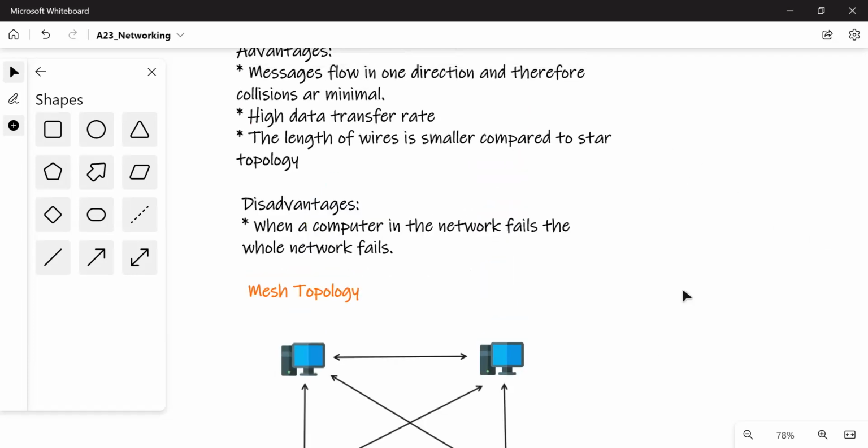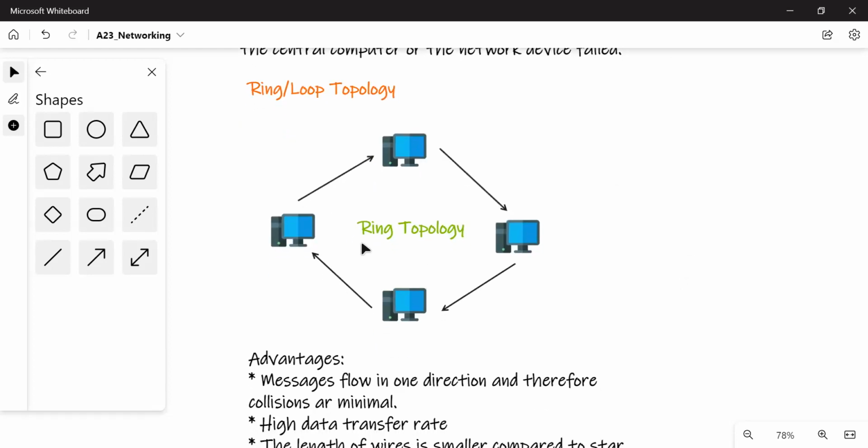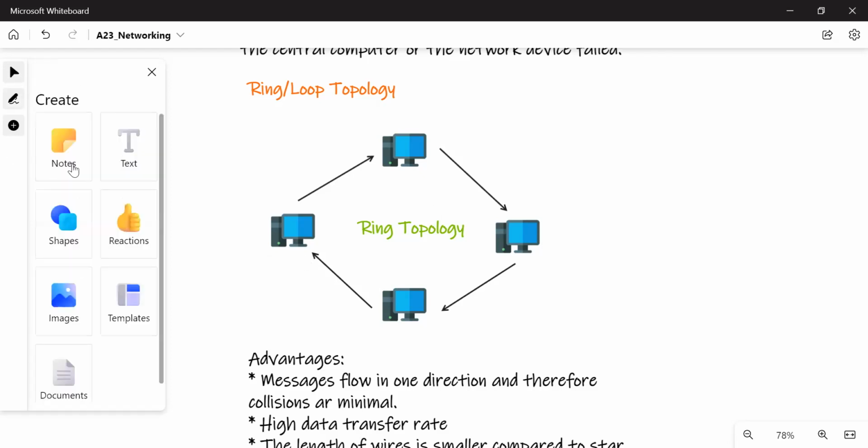Right. One thing I actually forgot about the ring topology. I couldn't write it down. Maybe if you can find some space, let's write down what ring topology is. I missed it last time.